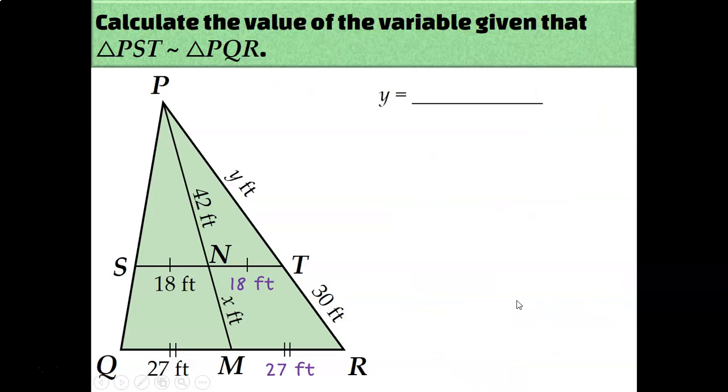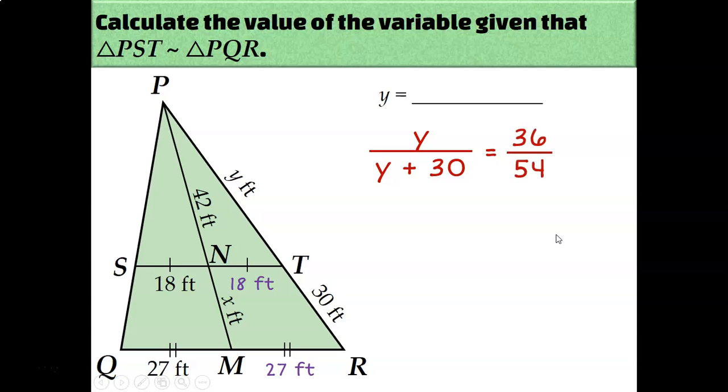Okay, cool, but we still need to figure out what y is. Y is a side length of the smaller triangle, and the corresponding side length on the larger triangle is not just 30, it's y plus 30. So my first ratio, I'll write smaller side length over larger side length, and I'll set that equal to, well, no reason to reinvent the wheel. I used 36 from 18 and 18 put together and 54 from 27 and 27 put together to figure out x, and I can use that here too.